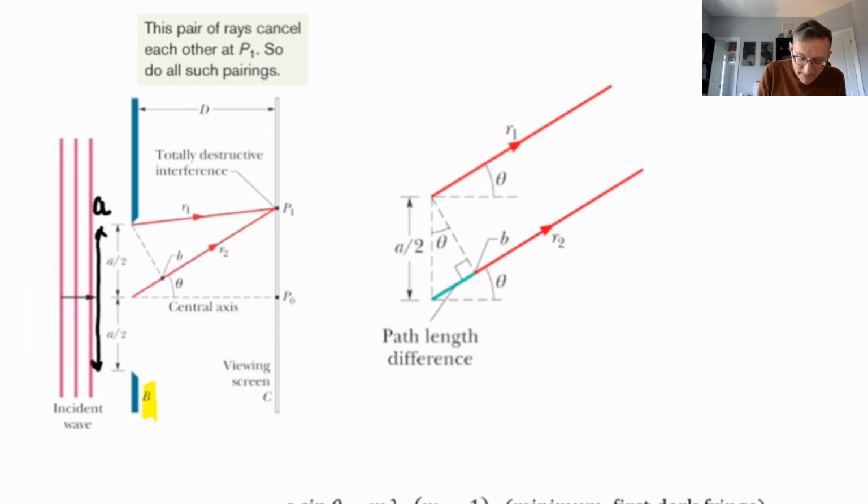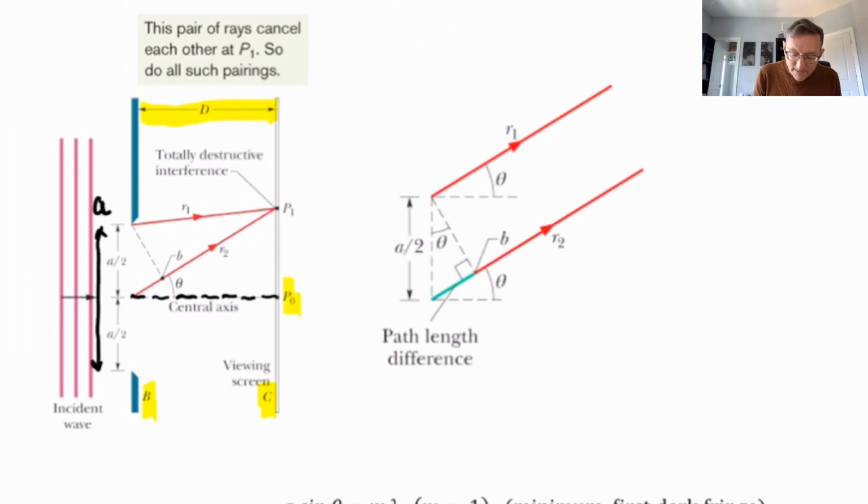They have then taken the midpoint of that slit and drawn a dashed line, they call it the central axis, over to screen C, distance big D, and we're going to view the diffraction pattern on that screen C. So it's called the viewing screen. And that point on the central axis, on the viewing screen, directly across from the center of the slit, they label P0.